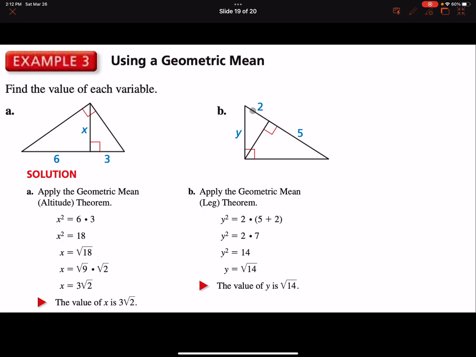The whole hypotenuse was 7, because 2 plus 5 is 7. Multiply those together, you get 14. y squared equals 14. Get the root of both sides, and you get y equals the square root of 14. We cannot break down root 14 into anything that has a perfect root. They're all technically prime roots, so we're just going to leave them alone and keep it as root 14.